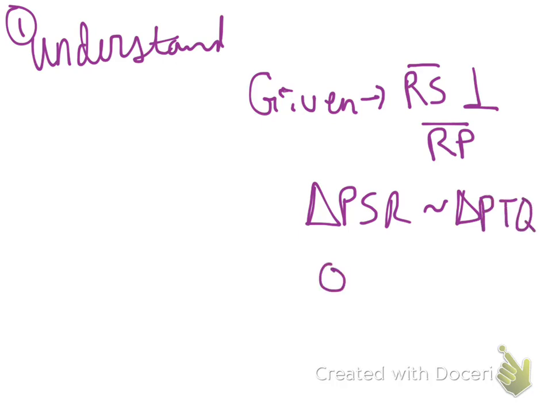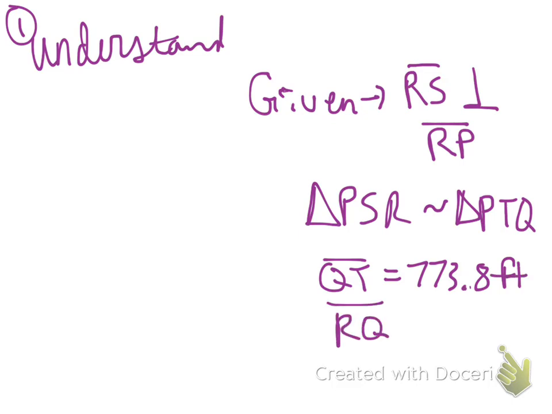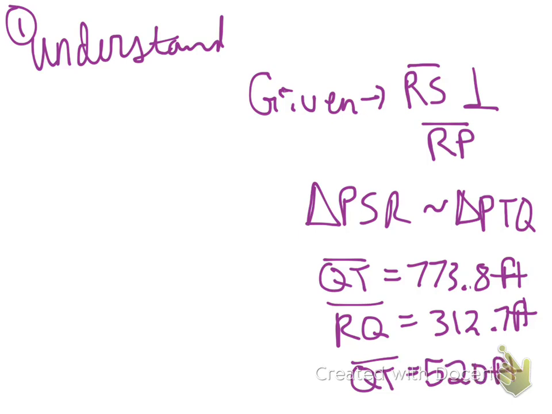We know that segment QT equals 773.8 feet. That's marked on the diagram. We know that RQ equals 312.7 feet. And you know that QT equals 520 feet. And what are we asked to find? We're asked to find segment RS.